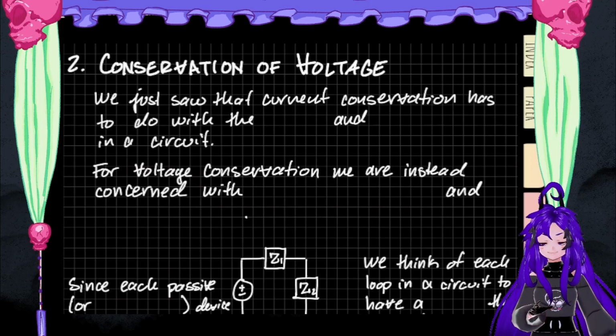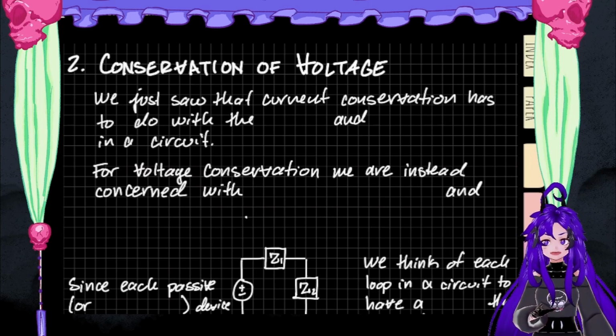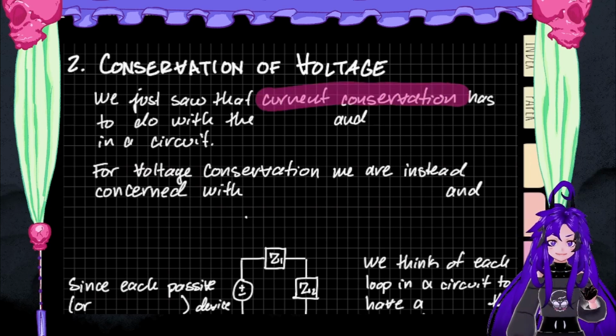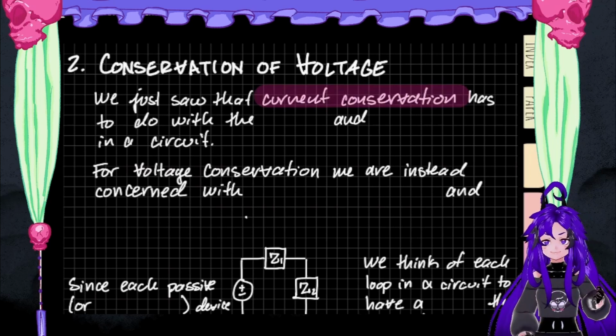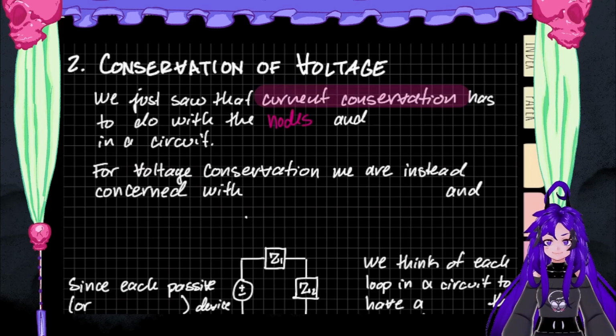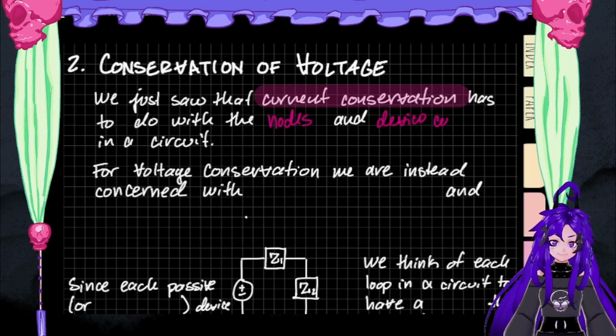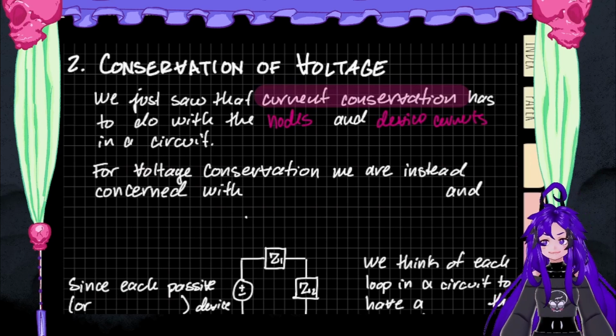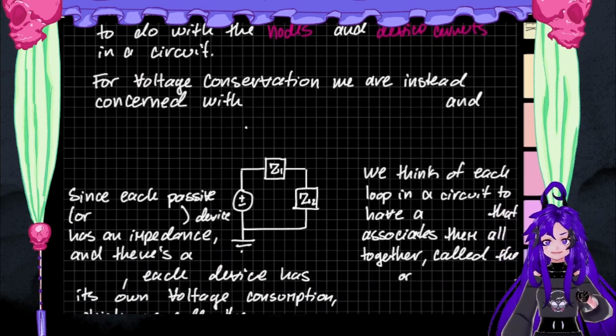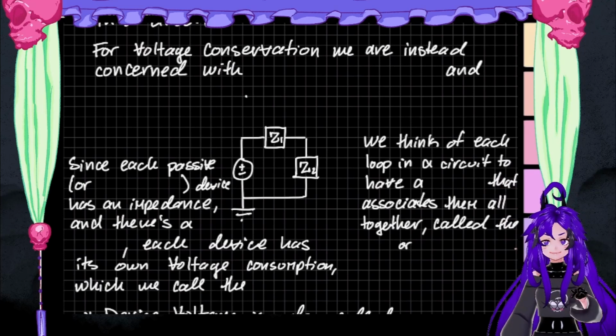So what about the conservation of voltage? We just saw that in current conservation, it has to do with the nodes and the device currents in a circuit. For voltage conservation, we're more interested in the complete circuit loops.